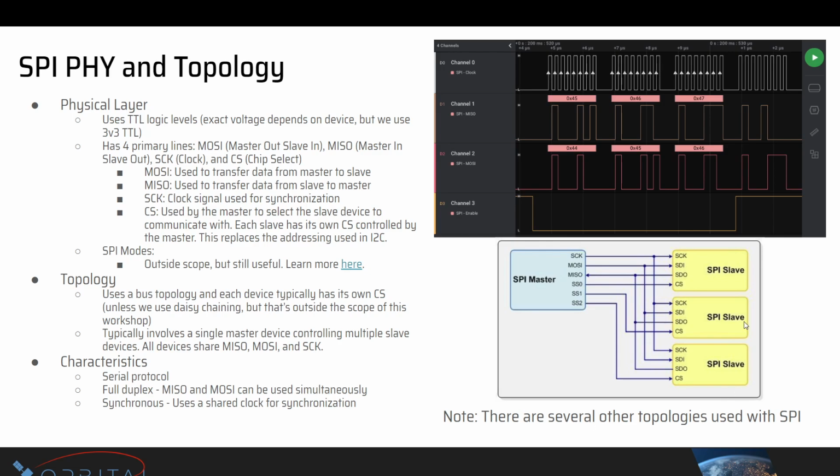So if you had seven slave devices, that's 10 wires in total that you have to deal with. And your master, like your MCU, also needs to have enough chip select pins to handle all those different devices. You can't have infinite pins, since you only have a certain amount of pins. So you're not able to have as many slave devices on one SPI line unless you find some way to get around having one chip select per device.